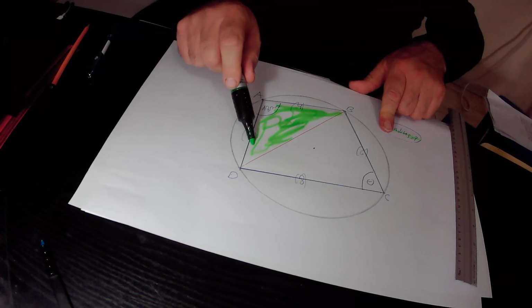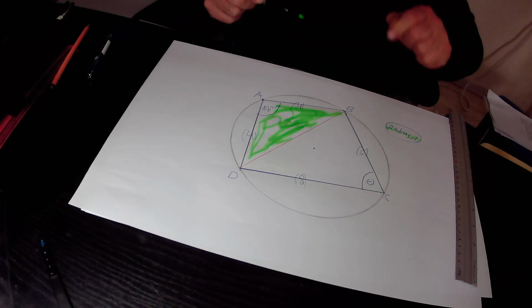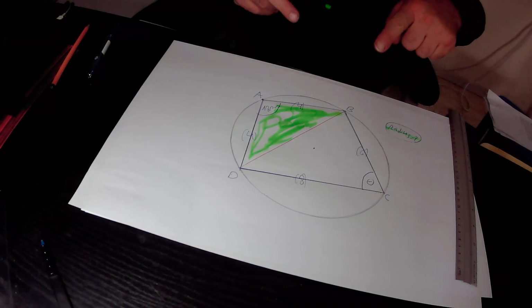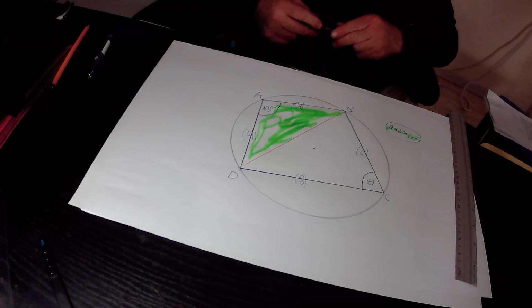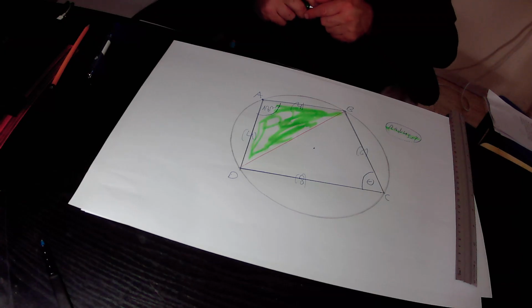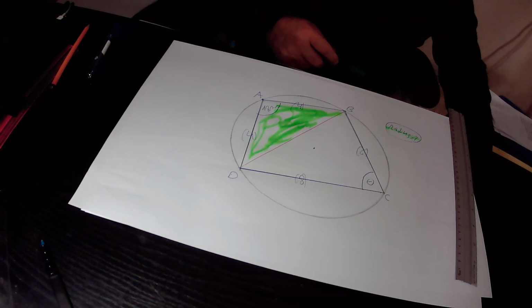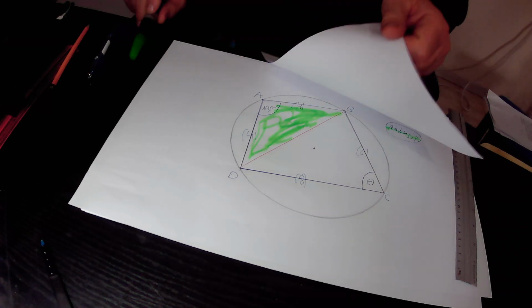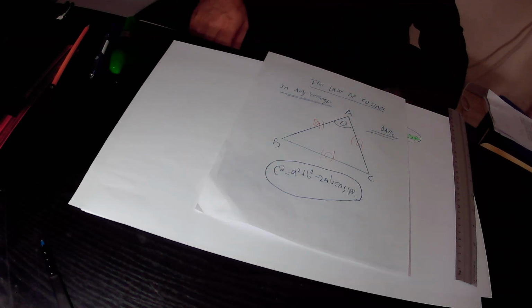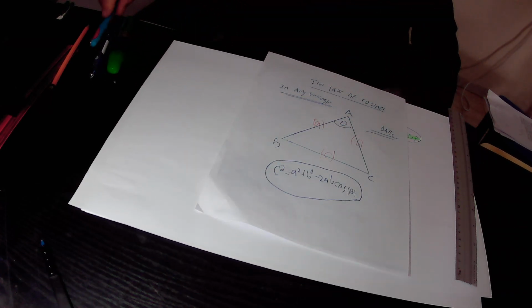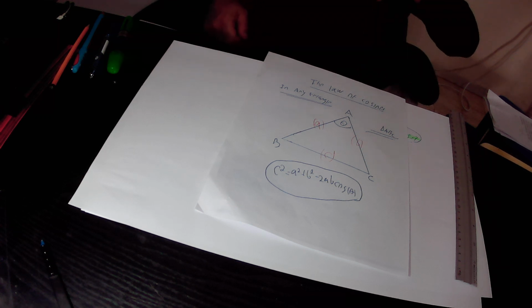In the next step, we will implement the law of cosines on both triangles. So let me quickly repeat the law of cosines. The law of cosines is true in any triangle. This is triangle ABC that could be any triangle.